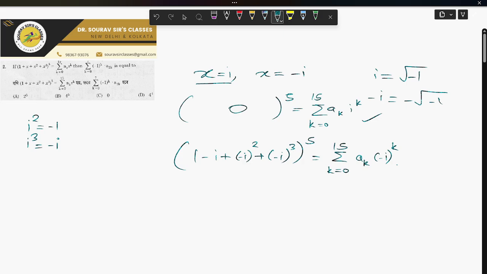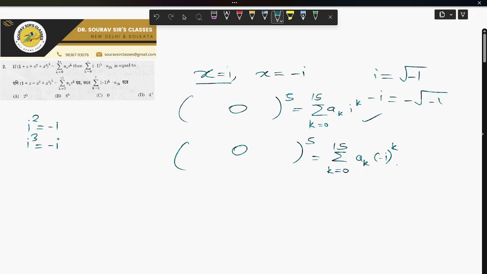Now for minus i, what will happen? This thing is minus 1, and this thing will be minus of minus i. So finally we are getting i here, plus this is 1 minus i. So everything will be cancelled out, and again we will get 0 here. That's why I took i or minus i in the solution.